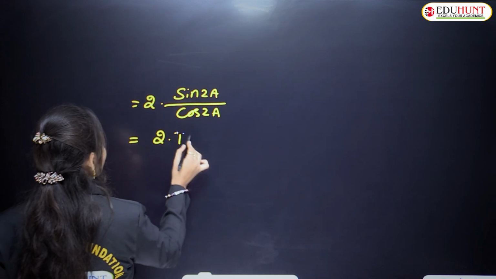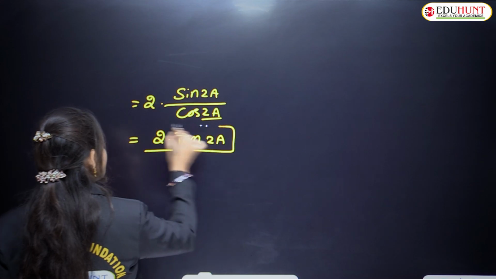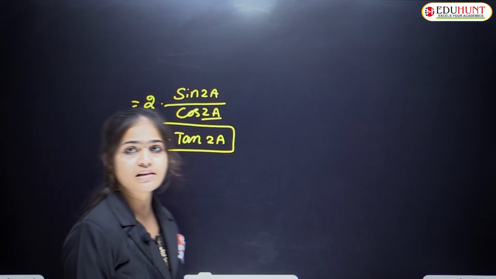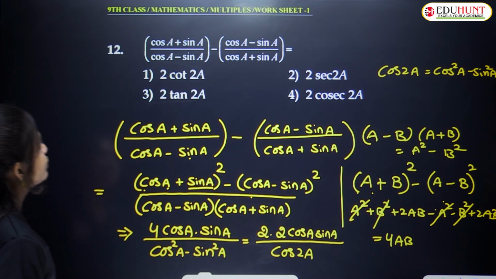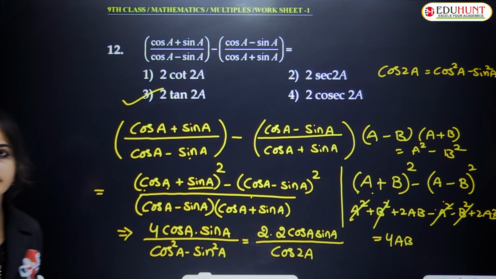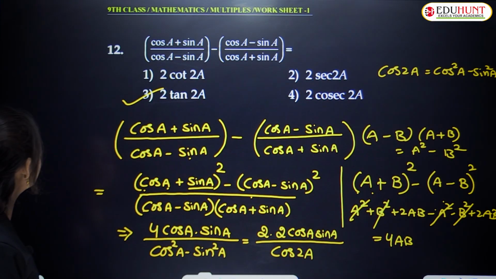So 2 into tan theta, at the place of theta here we have the 2A. So answer is 2 tan 2A. What is that answer here? Answer is 2 tan 2A. So which option is correct? 2 tan 2A. So option 3 is correct here. Am I clear, children? So let us see that next question, 13th one.